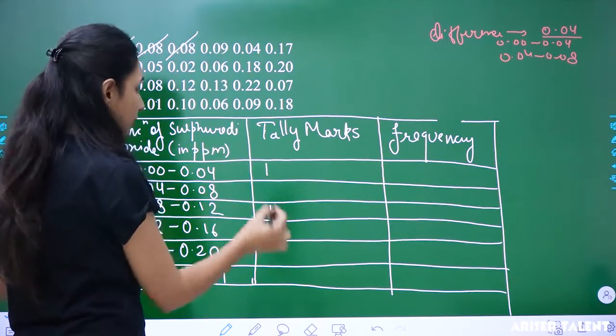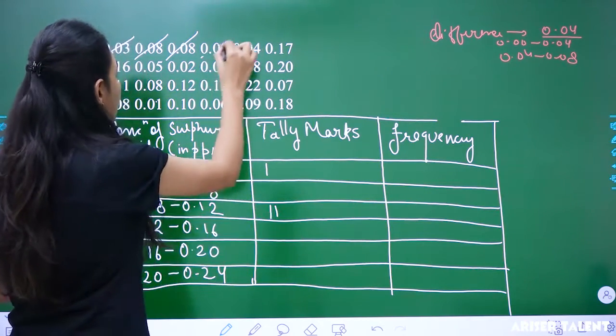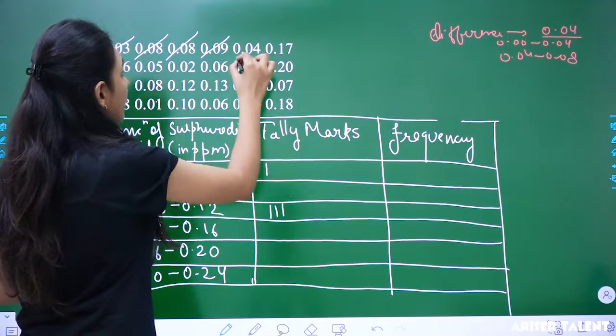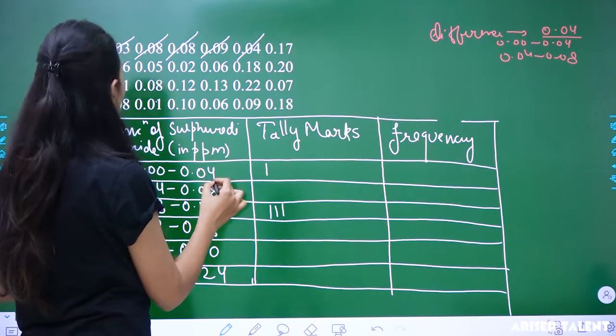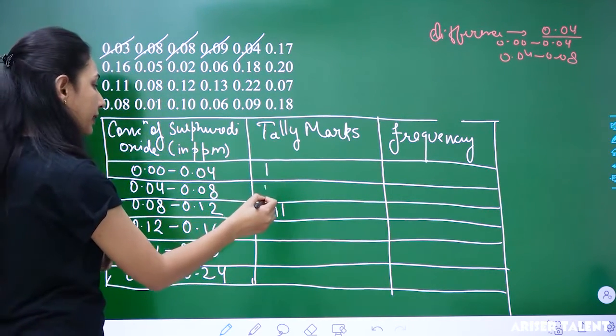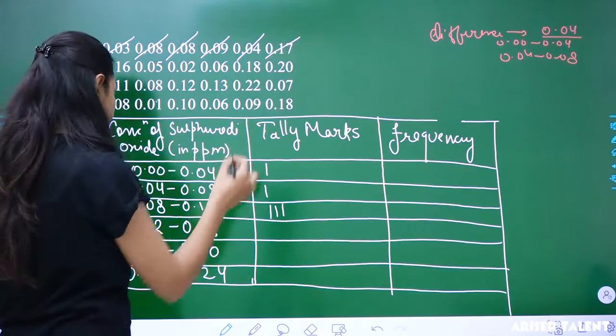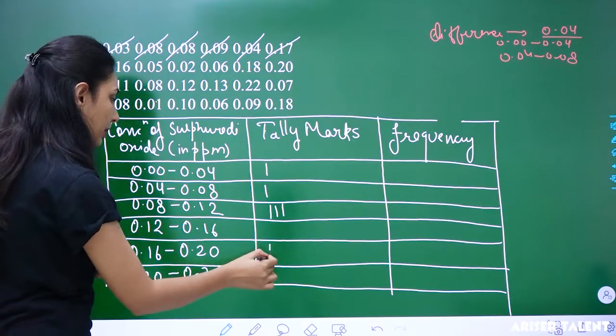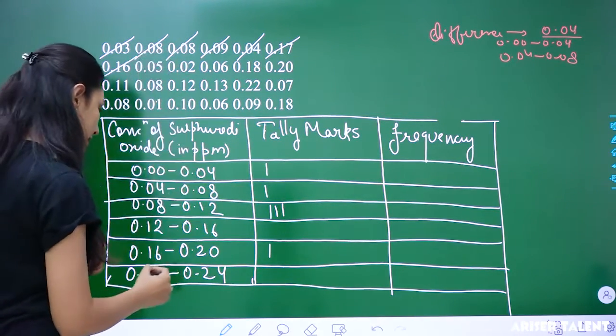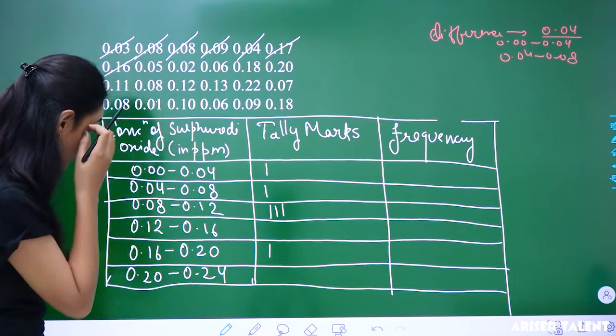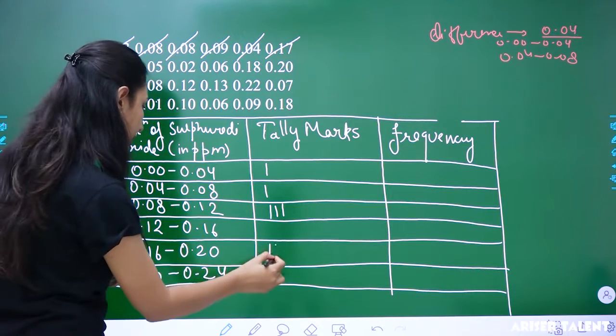Again 0.08, then 0.09, then 0.04, which is included here. Then 0.17, surely here, 0.16 here again.